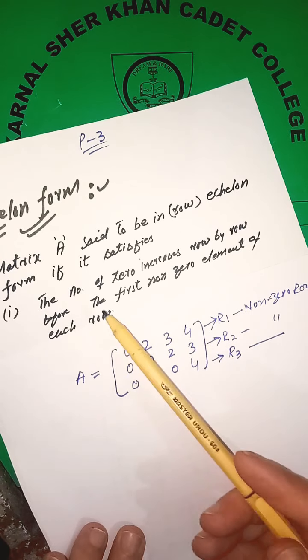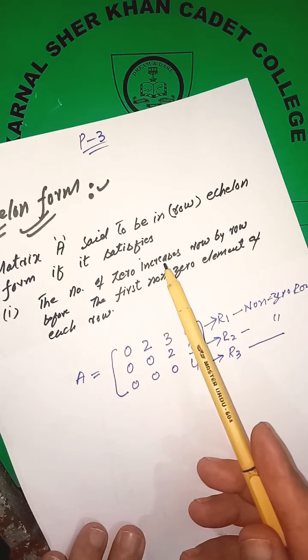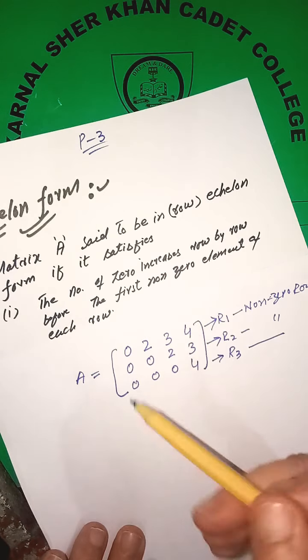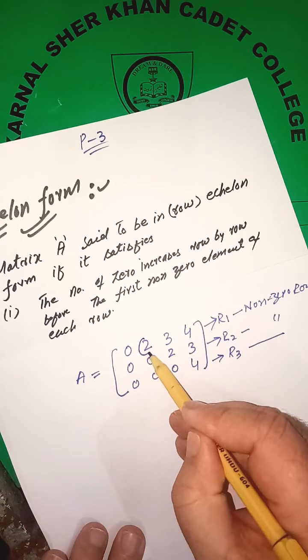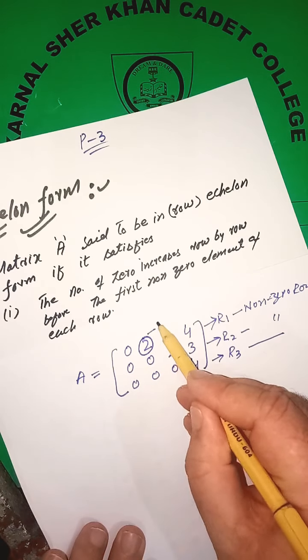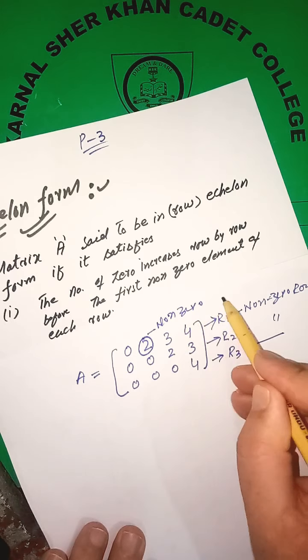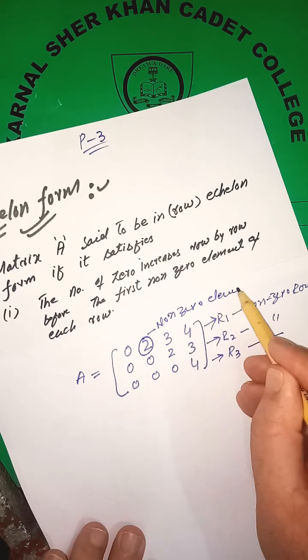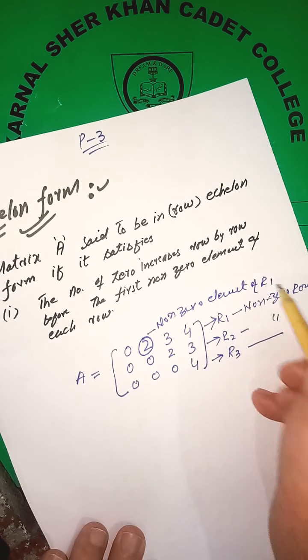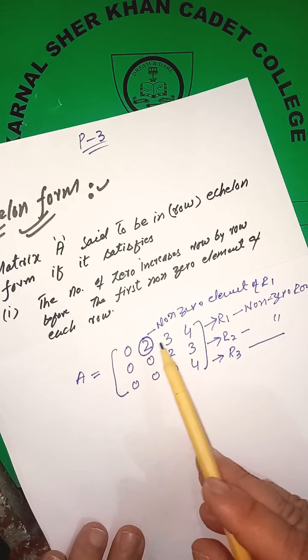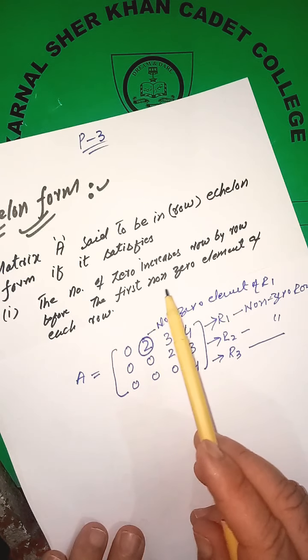So look at this. The number of zeros increases row by row before the first non-zero element. This 2 is the non-zero element of row 1, and before that there is 1 zero.